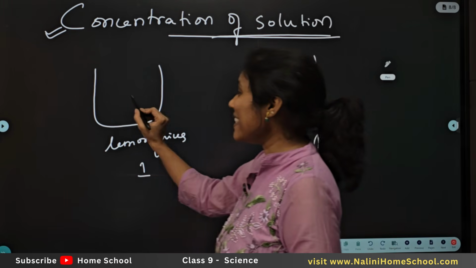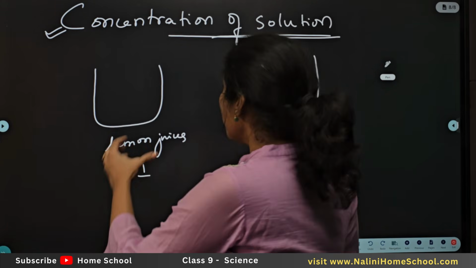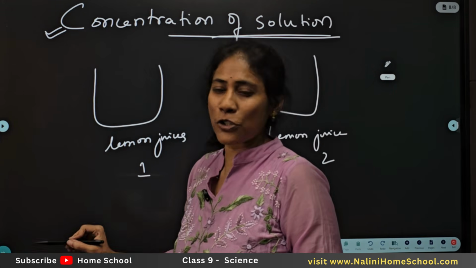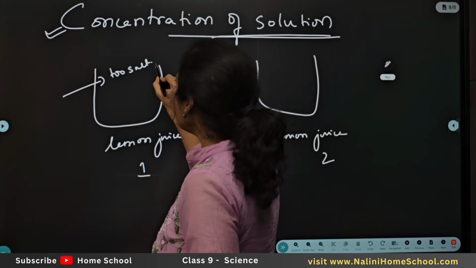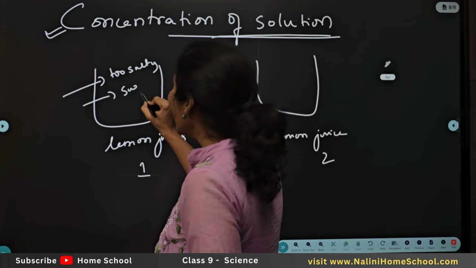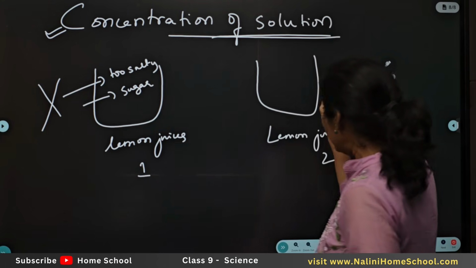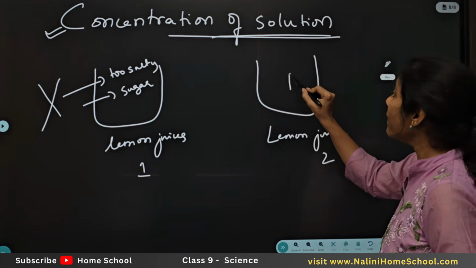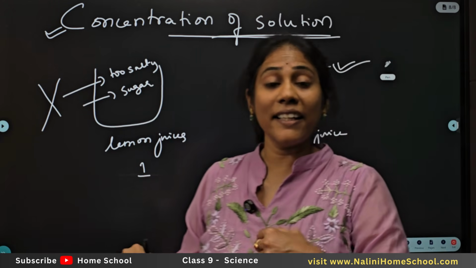This lemon juice is very worst to taste. The moment I sipped it, I felt it was too salty and too sugary, and I can't even define its taste. But when I tasted this other lemon juice, it was perfect. I felt like drinking it again and again.